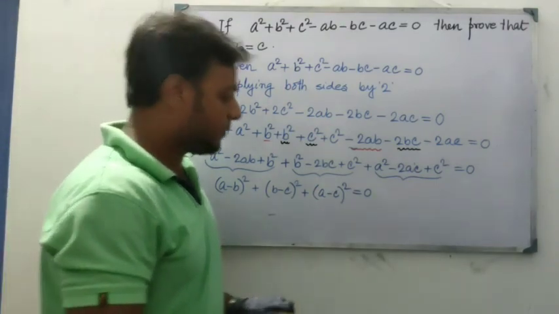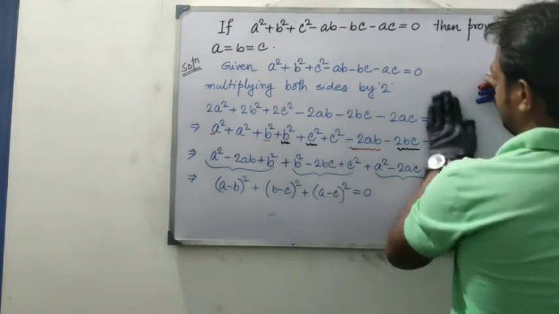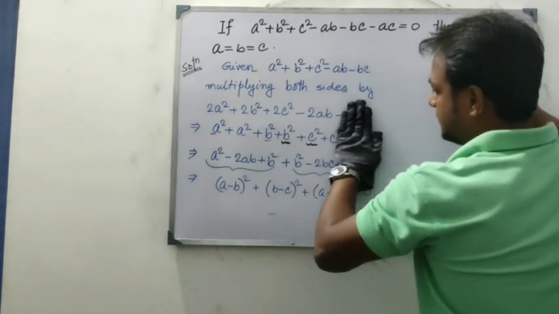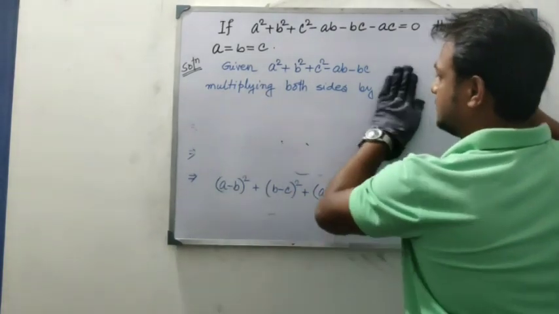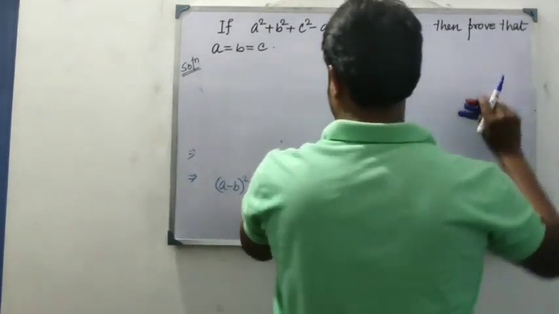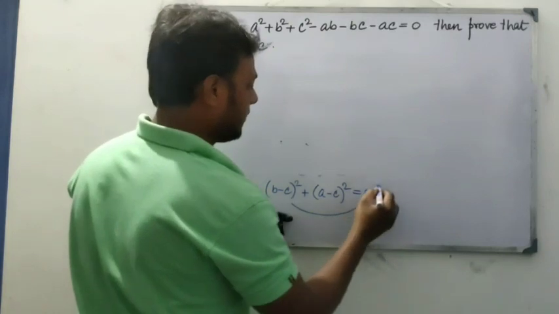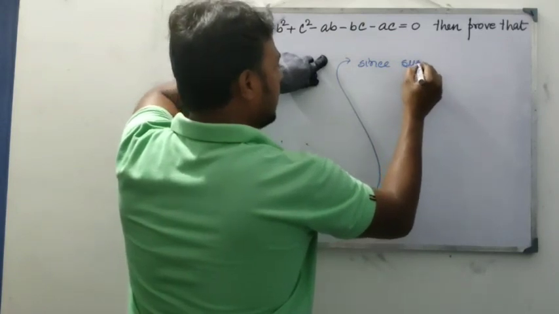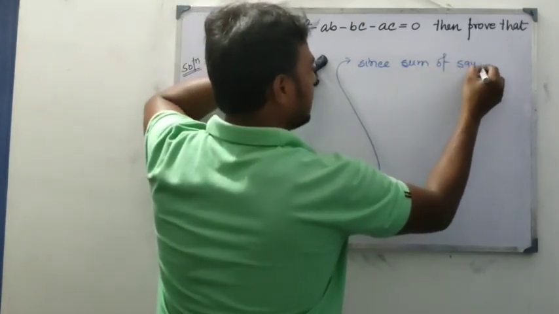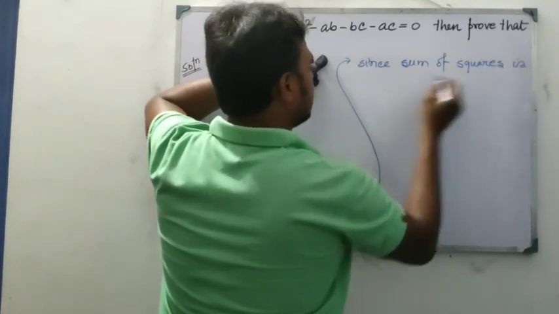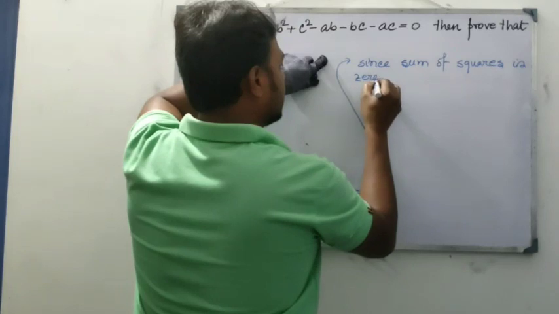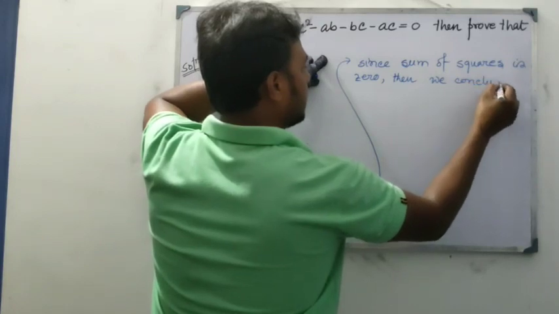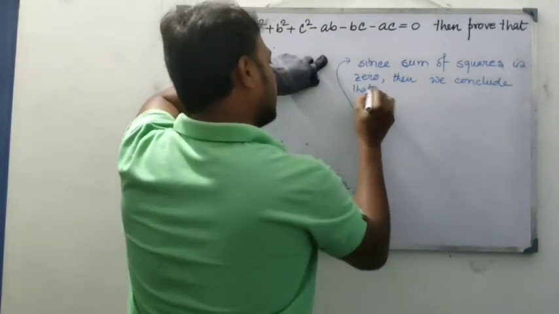Okay, so I am erasing this part and writing here. After this line, since sum of squares is 0, then we conclude that they are individually 0.